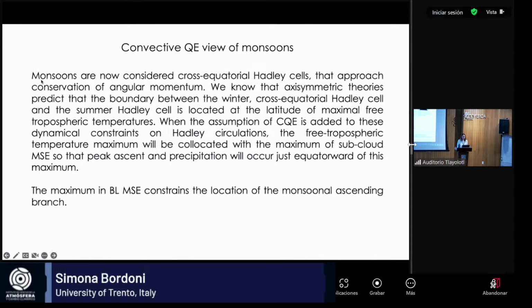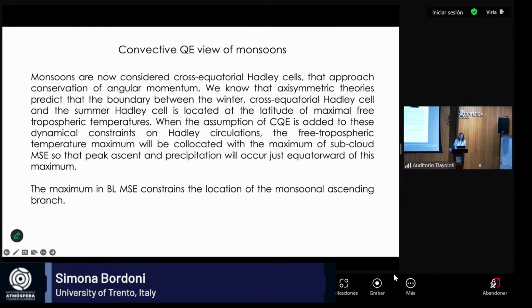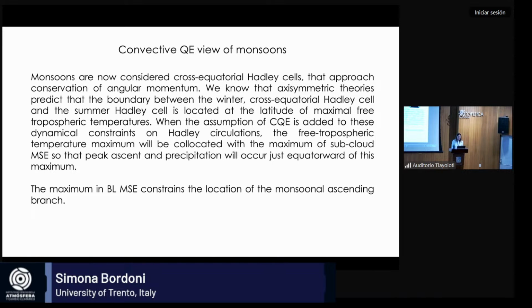And this is where we use the convective quasi-equilibrium view of monsoons that was hinted at by both Adrian and Spencer yesterday.